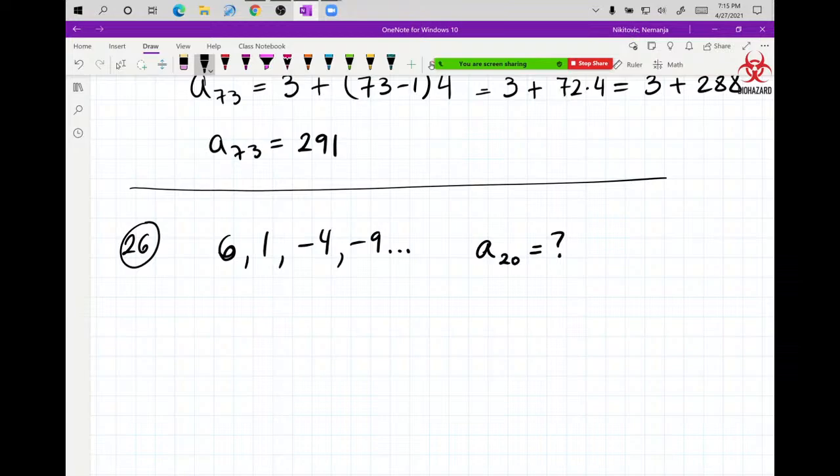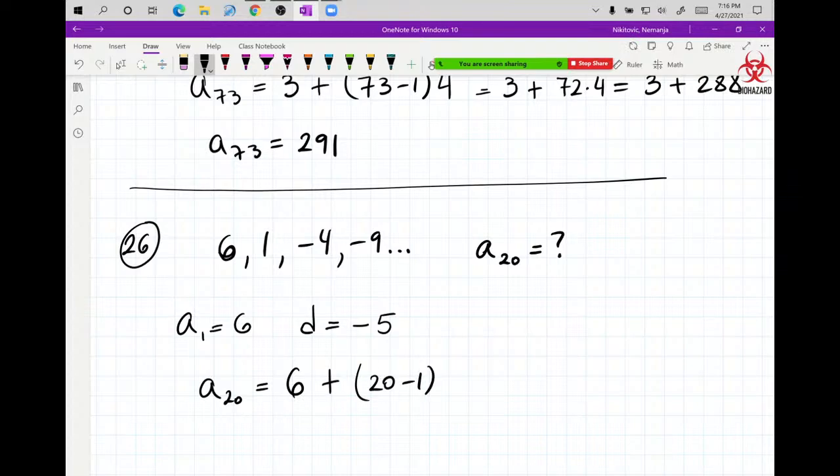Any luck? I got -89. I think that's it. Good. So a_1 is 6, and our common difference is -5, because the values are dropping. So a_20 is a_1 plus (20 minus 1) times -5. That's 6 plus 19 times -5.